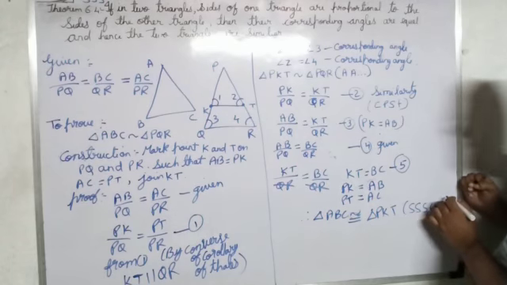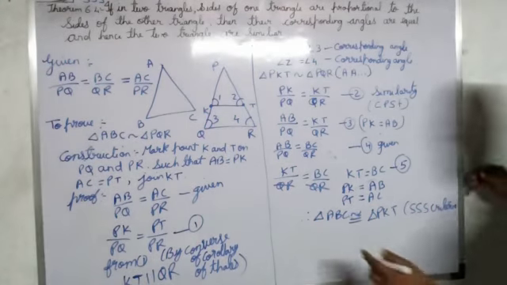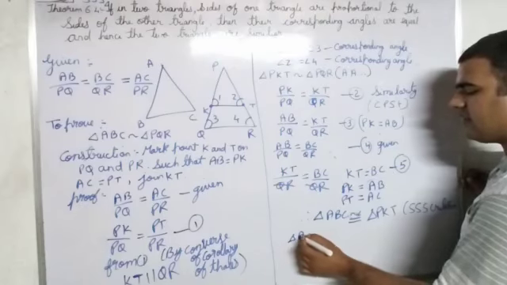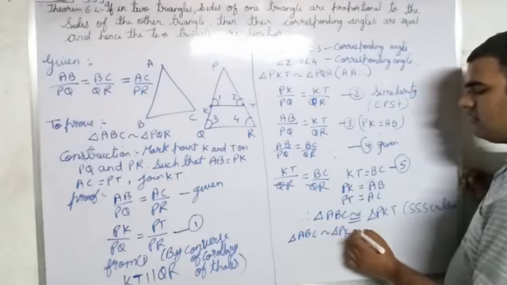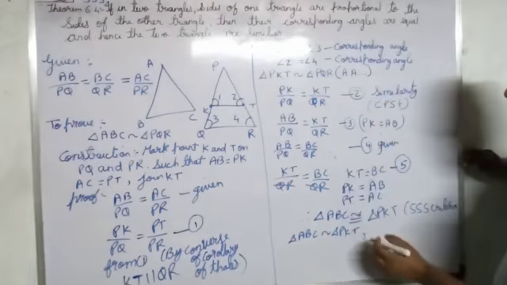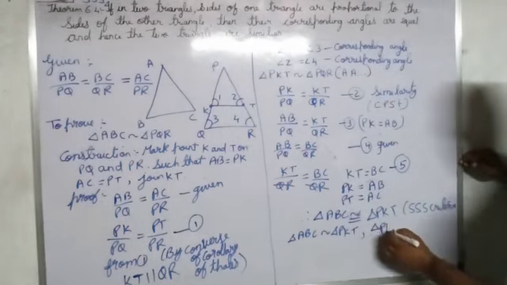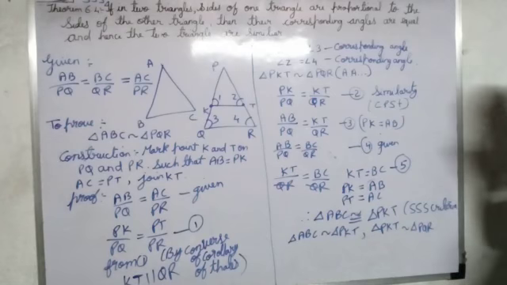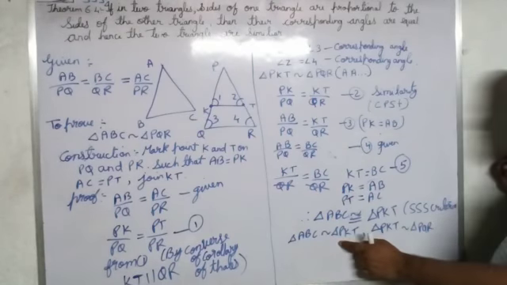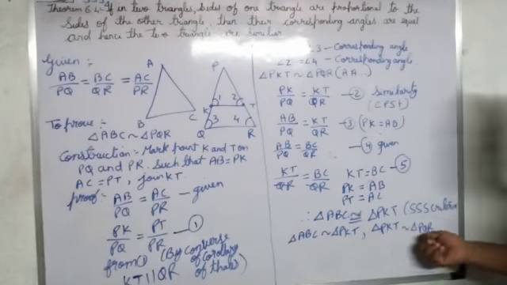So if two triangles are congruent, can we say they are similar? Right? Triangle ABC is similar to triangle PKT, and already we have written that triangle PKT is similar to triangle PQR. From these two, what can you say now? ABC is similar to PKT and PKT is similar to PQR.